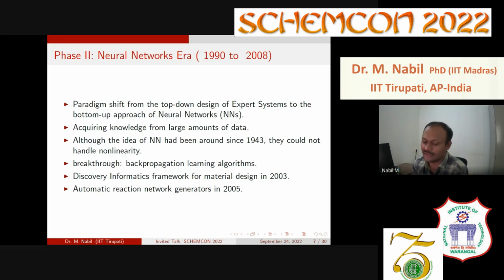Data has been acquired and stored in process historians over a period of time, so you have humongous process data. Can we use that process data to help in identifying the patterns in the data and use it for decision making?